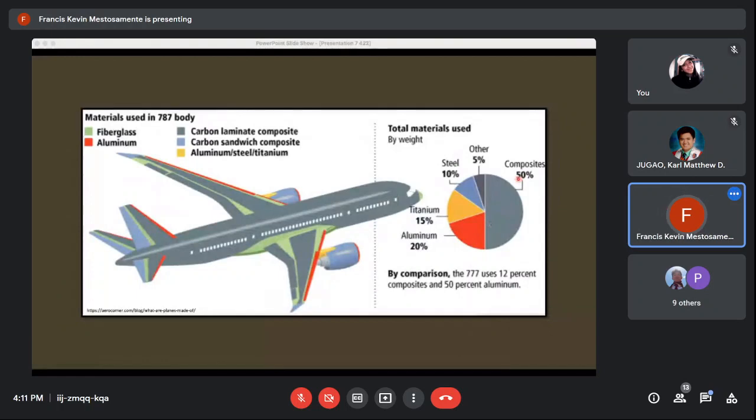And I don't know if this trend will continue with composites as our material. Before, it was aluminum to aluminum. Before, everything was aluminum. We got aluminum skin, aluminum parts. However, now we're turning into composites. So there you could see the breakdown of materials together with their percentage. This slide is for you to compare those materials.